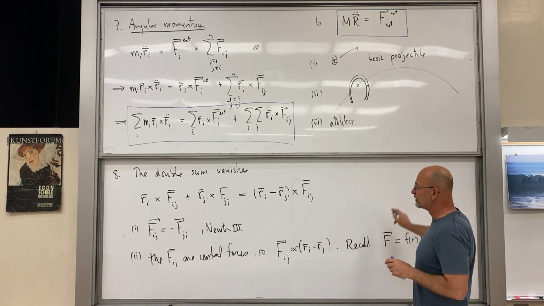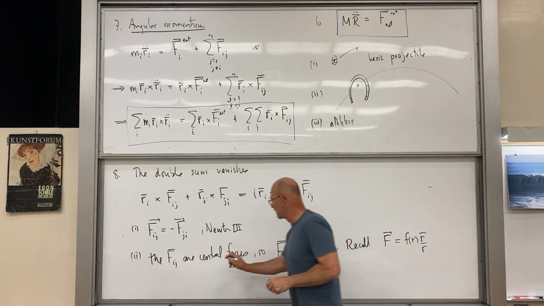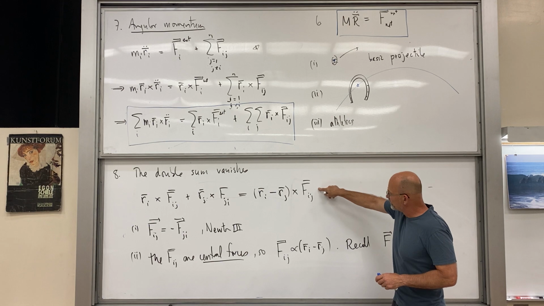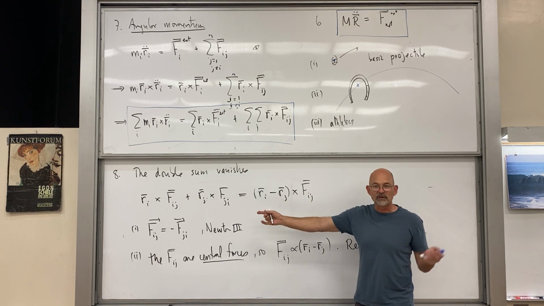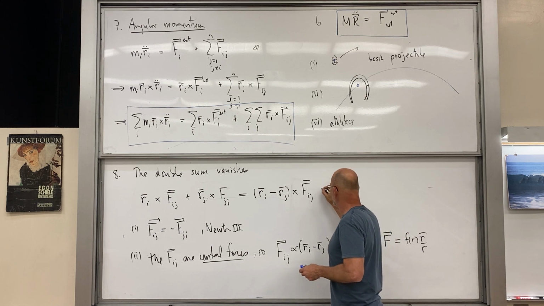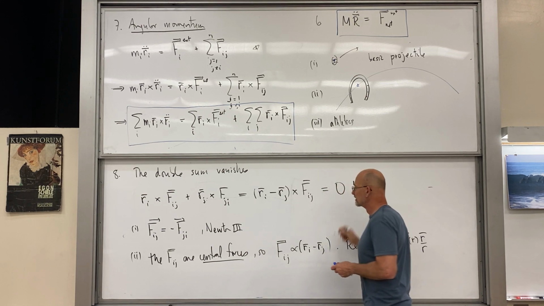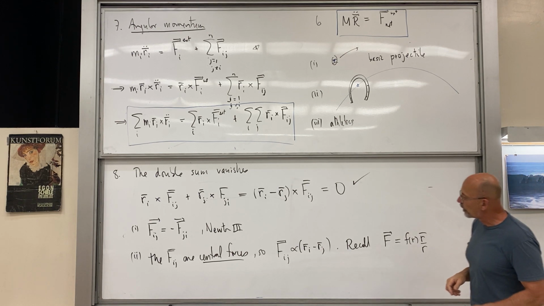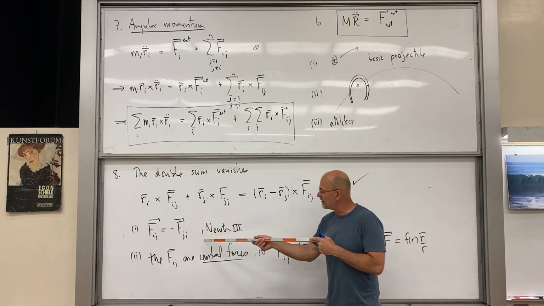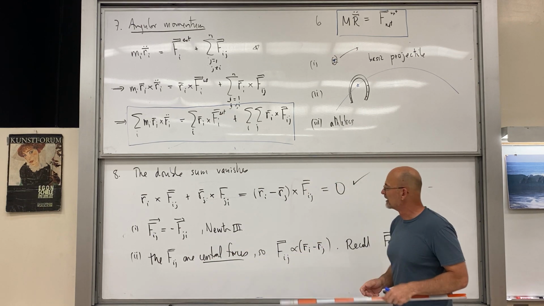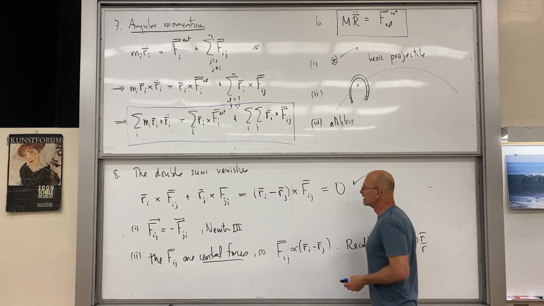So okay, that point has been made. Since they're central forces, and therefore, if F is proportional to that vector, then the cross product vanishes. Equals 0. So that's how we bring the double sum to vanish. We require that those forces between the point particles be central forces. Okay, so I'll come back to that.